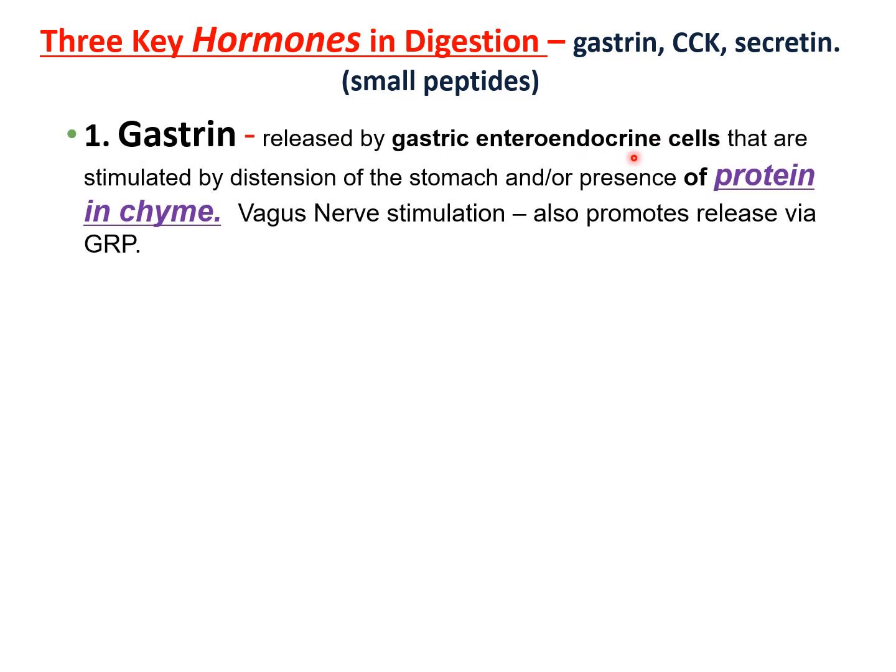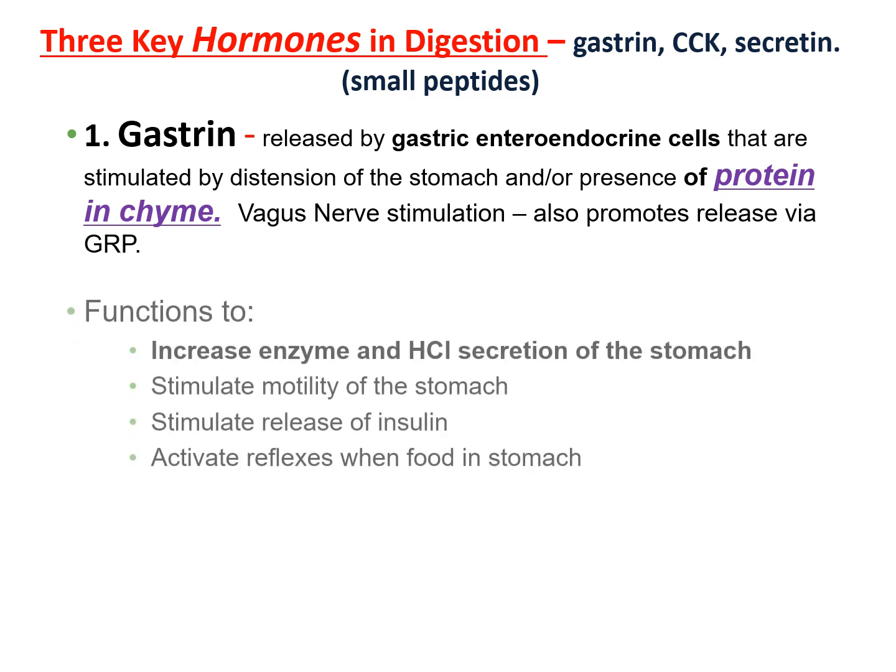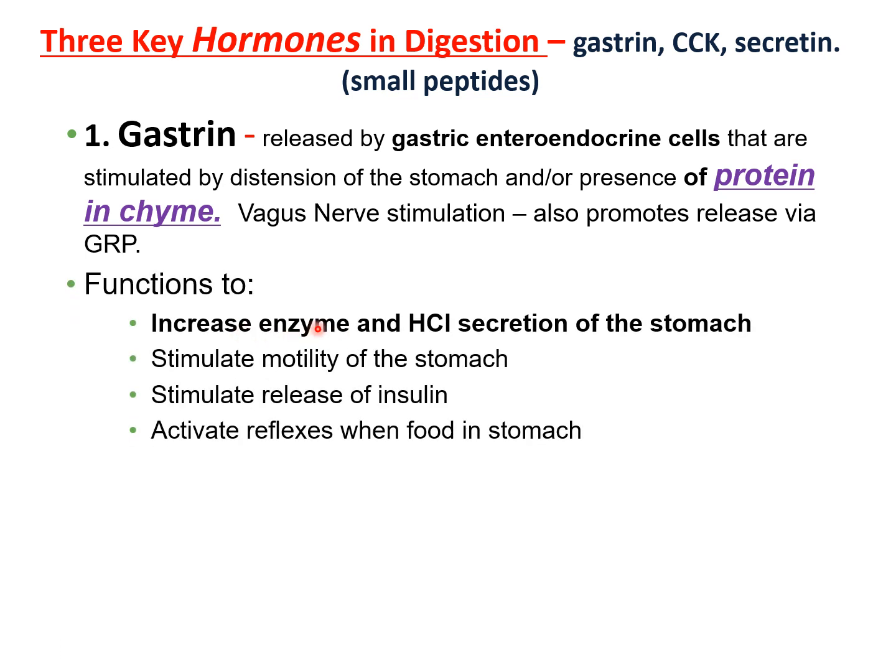It's released by the endocrine cells in the stomach and activates the stomach. All right. So if we have lots of protein, we're going to get a lot of gastrin, and we're going to increase the enzyme secretion, increase acid secretion in the stomach, because those two things, the pepsin and peptidases, will help break down that high level of protein.